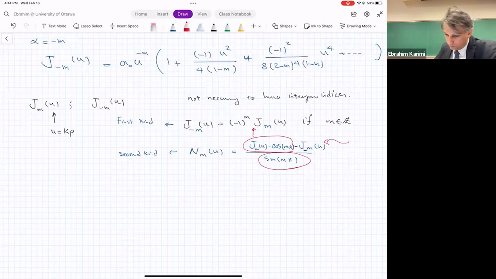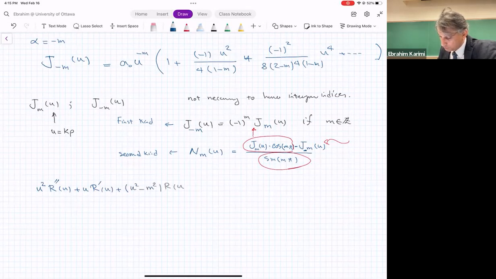So remember, the differential equation that we were dealing with was u squared R double prime of u plus u R prime of u, if it was minus or plus? I think it was plus, u squared minus m squared, R of u equal to 0.